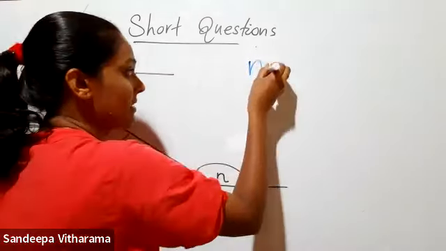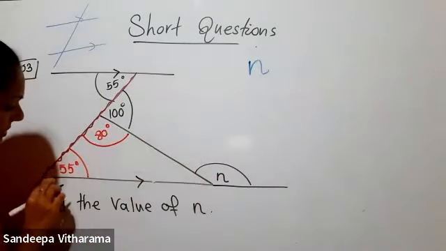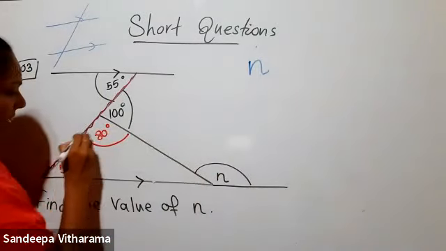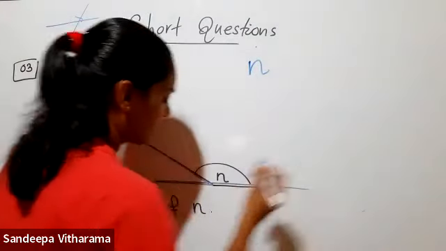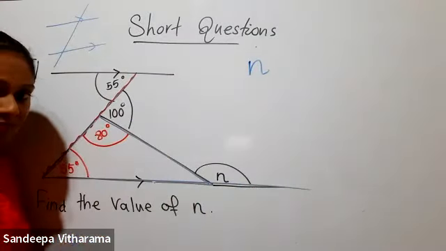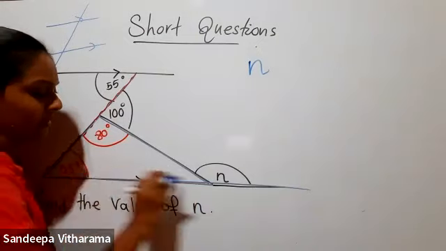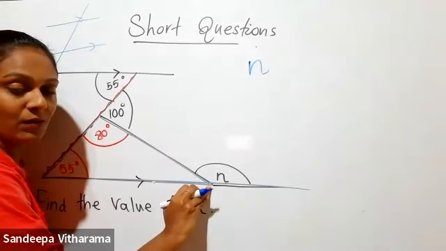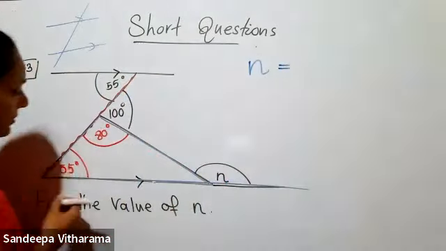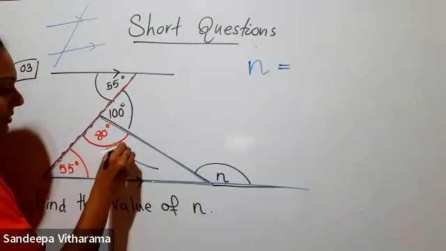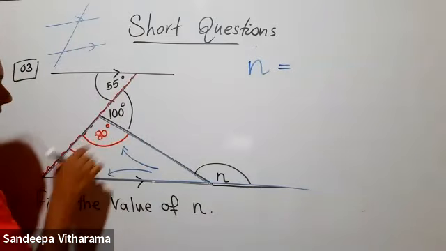The exterior angle, it is 8, because if you consider this triangle, the exterior angle which is formed by producing a side of a triangle is equal to the sum of the two interior opposite angles.